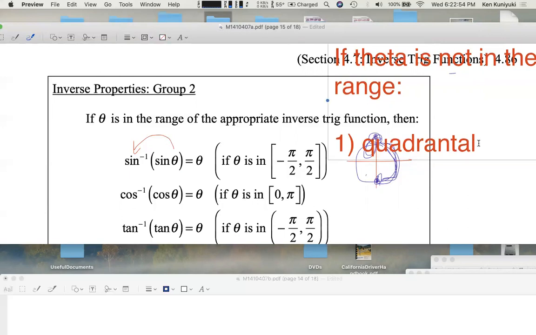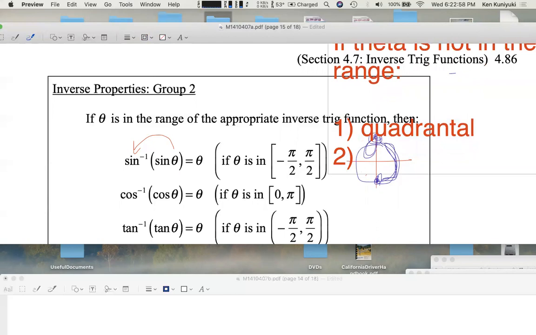All right, that's one possibility. But what if you don't have a quadrantal angle? Then the answer could actually be a brother, or a co-reference angle, an angle with the same reference angle.